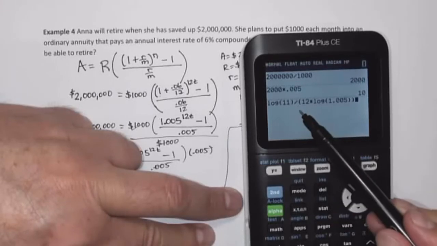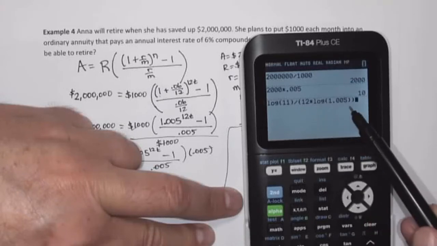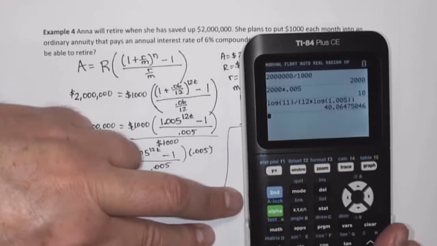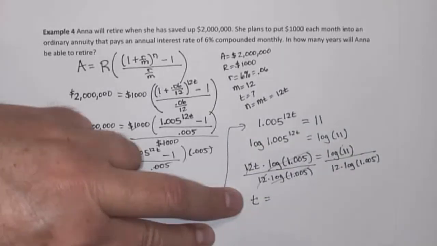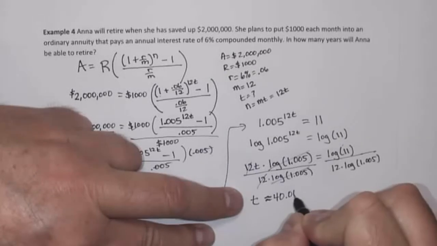So I have to put that denominator in parentheses so that the calculator will do that calculation first before dividing log of 11 by that. If I do that, I get 40.06. So this is approximately 40.06.